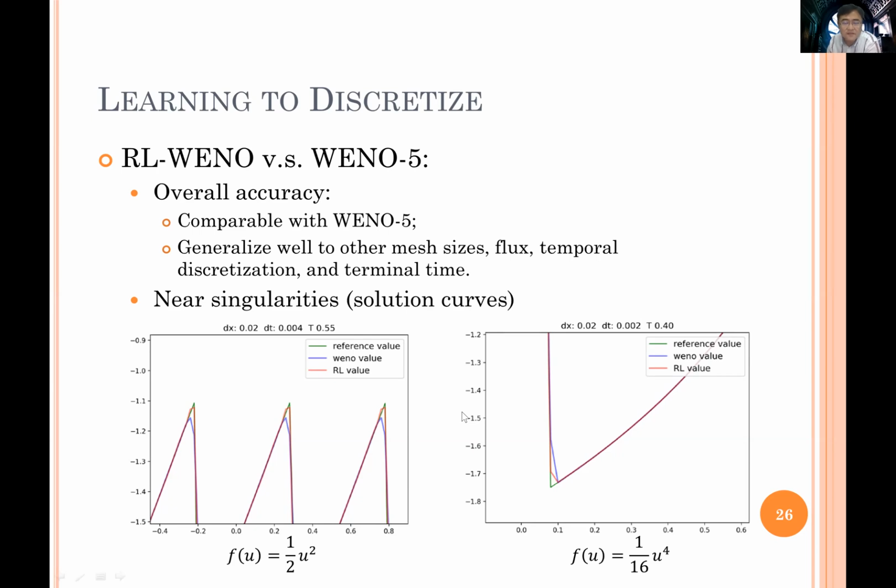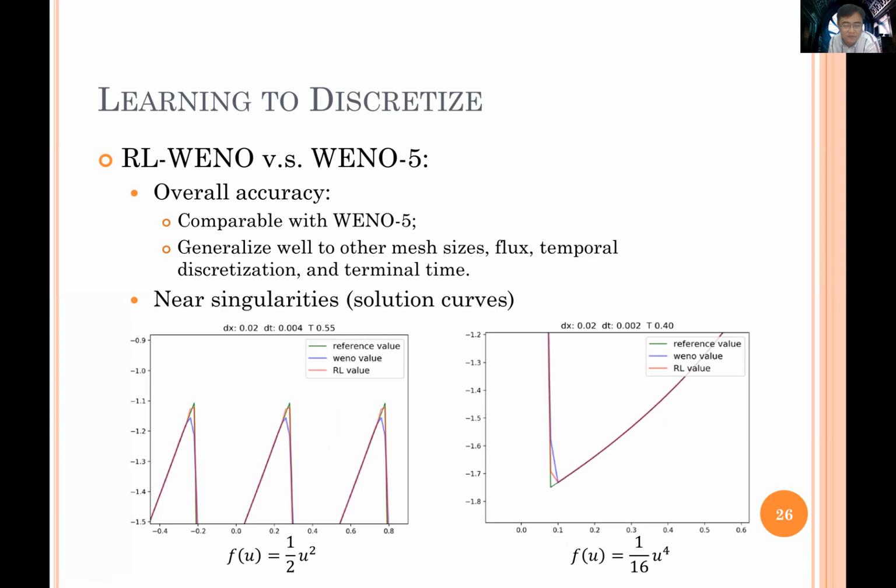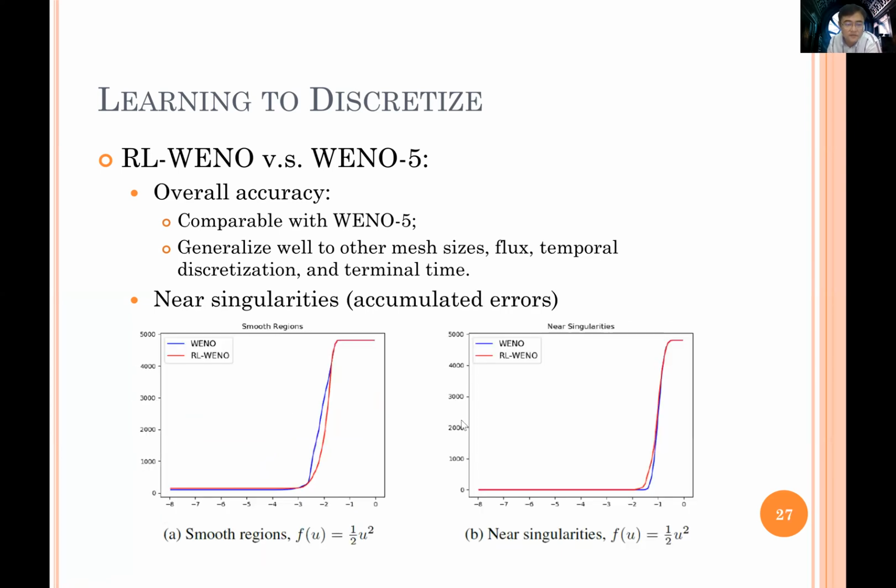We also did statistics, because this is spatial temporal and we can give you some examples where it does well, but how does it do overall? This is the accumulated error. So how to read this? The horizontal axis is the error, and the vertical axis is the number of voxels in the spatial temporal grid that achieve that error. So if the curve is more on the left, it's better.